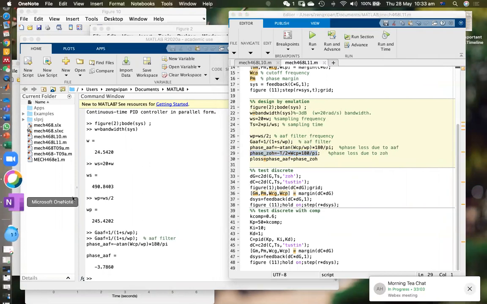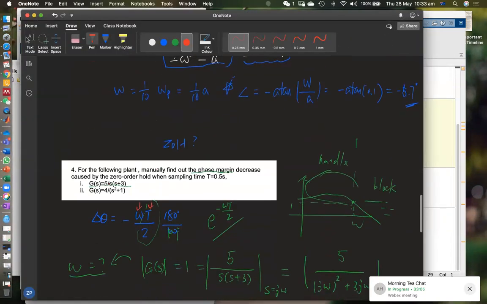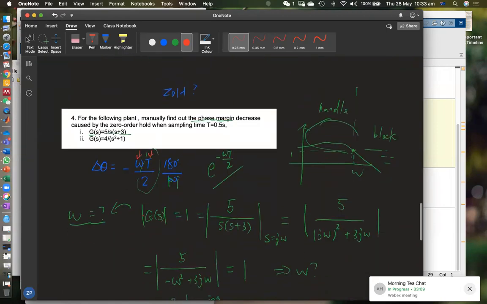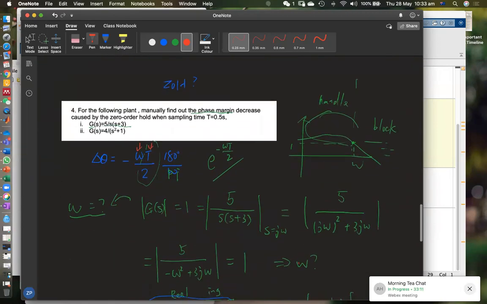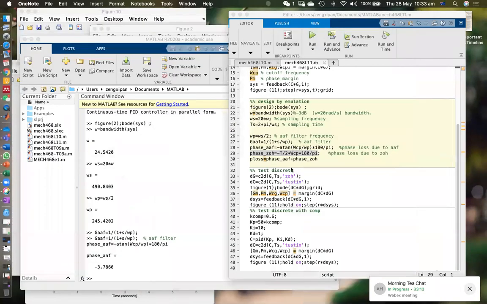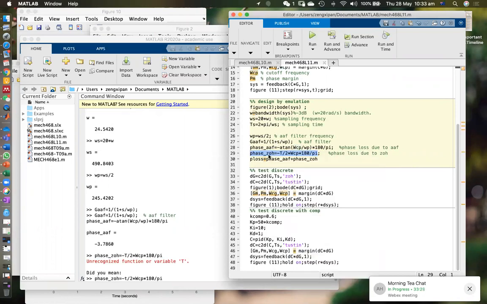This is how we calculate the effects of the zero order hold. But this time omega is given. You don't have to calculate omega again, because that's the crossover frequency. We already know that's omega CP, WCP, the cutoff frequency. So in here, we calculate the phase loss due to the zero order hold.